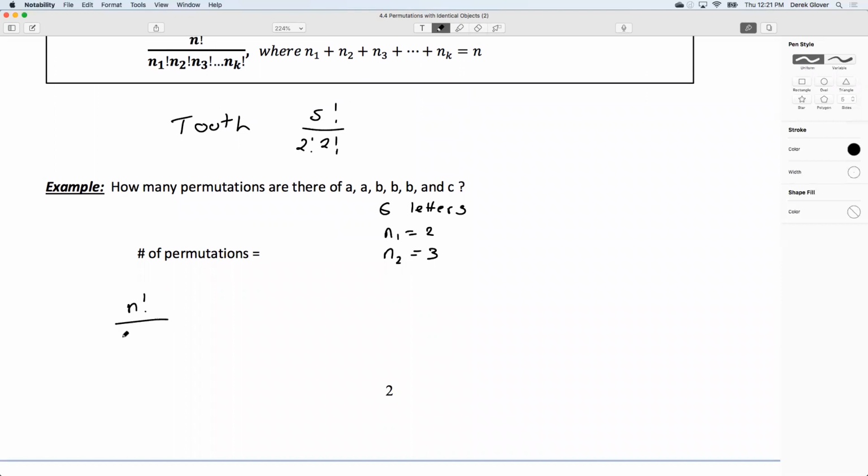N factorial over n1 factorial times n2 factorial is going to be the total number of letters, 6 factorial, over the repeated A's, 2 factorial, times the repeated B's, 3 factorial. And this one, I think we'll just use a calculator for, but you can do it by hand. It's going to work out to 60 permutations.